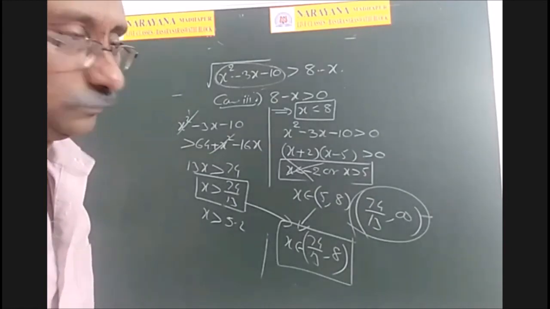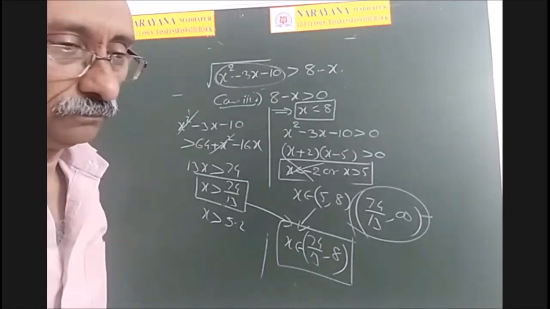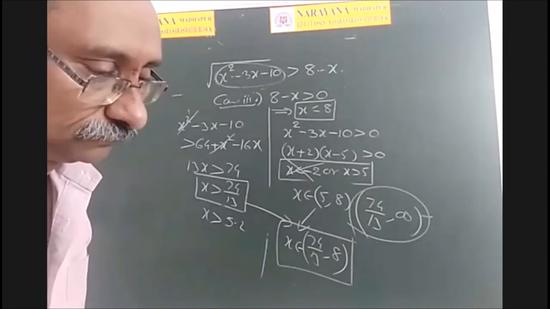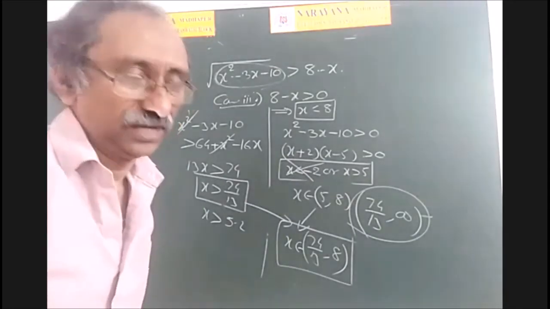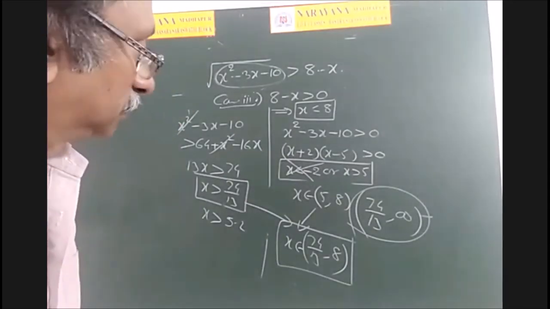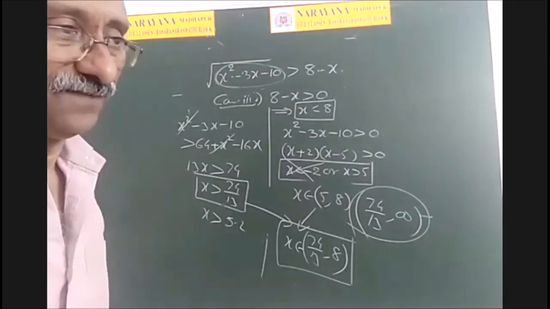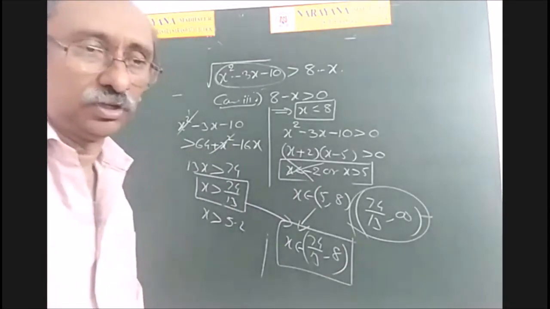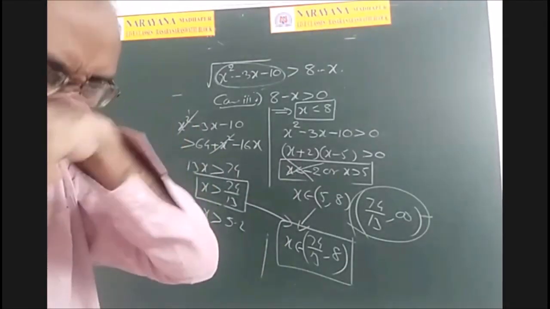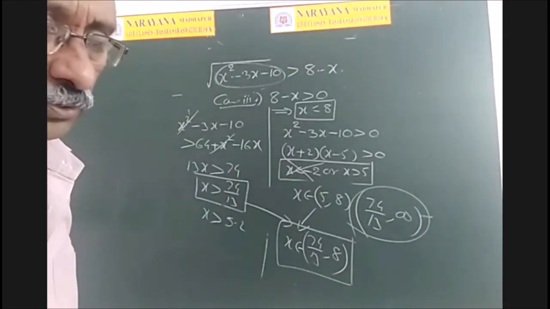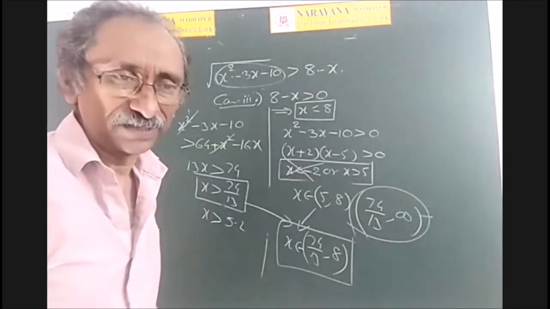Why am I asking? Okay, Rishikesh, you are saying x greater than minus 2. I am asking why that logic. So I will explain why this logic holds good. Now you tell me why you are saying x greater than minus 2. That logic may be wrong, but you try to explain.